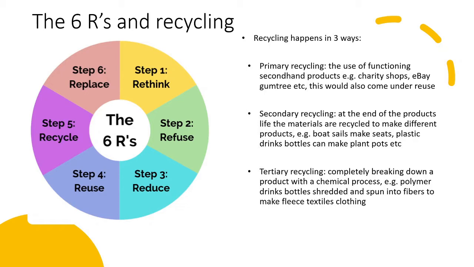There are also some shops like Waitrose where you bring your own container to fill it up with cereals and coffees and those sorts of things as well. Then you've got tertiary recycling. So this is when things are completely broken down chemically, bleached, and then turned into something completely different. So like plastic bottles, for example, being shredded and spun into fibers to make clothing. So that's recycling.